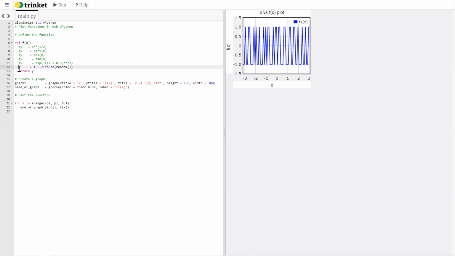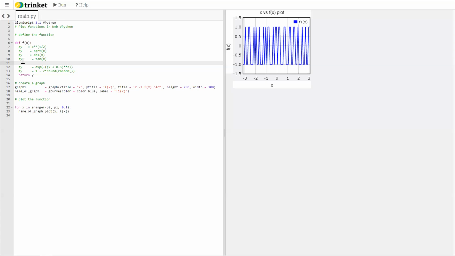Okay. So if we want to plot two functions, let's say a cosine and a sine, y is equal to cosine x, and then y is equal to sine x.